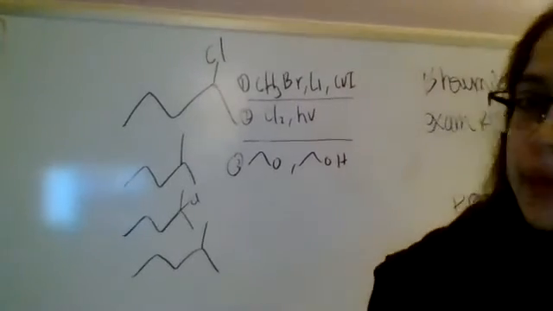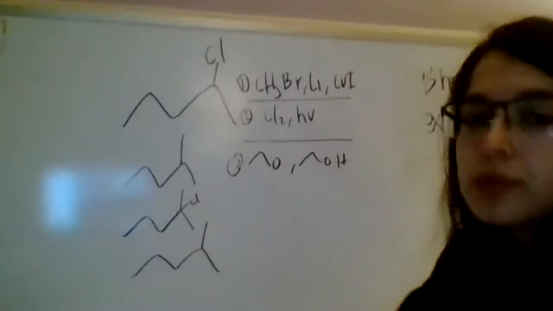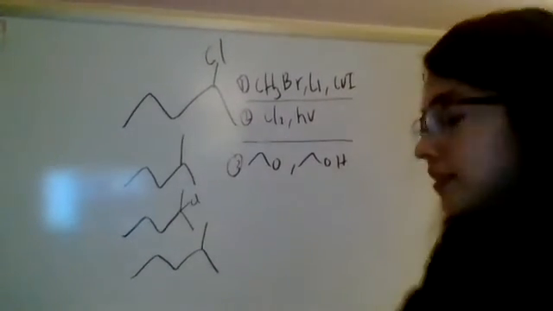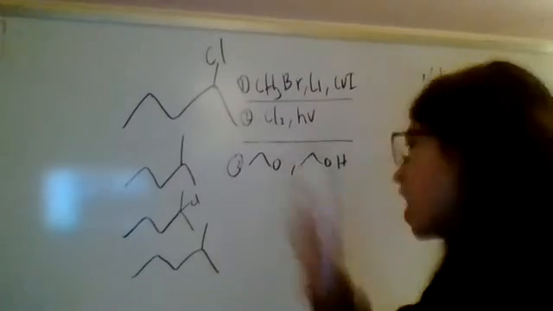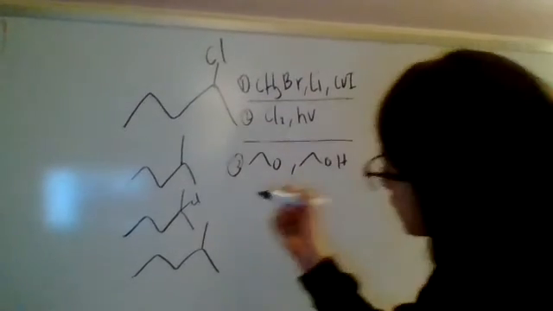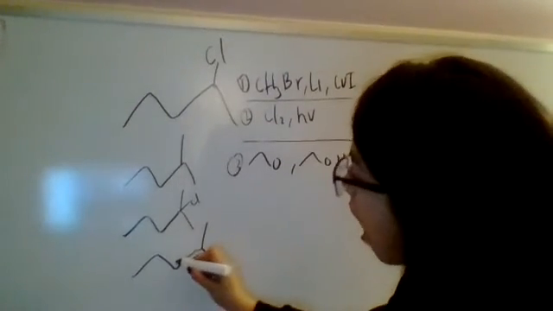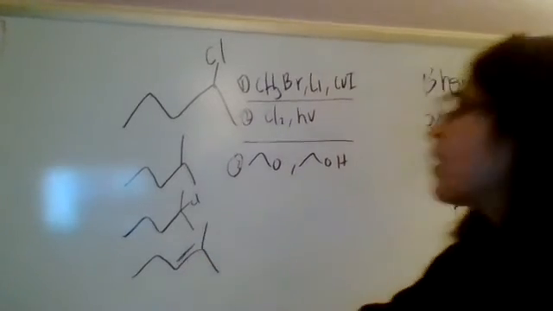Can you ask him again to double, triple, quadruple check that it wasn't tert-butoxide? Yeah, I will. But yeah, he said that wasn't tert-butoxide. So anyway, since it's not tert-butoxide, the third step would give you a double bond right there. Yeah.